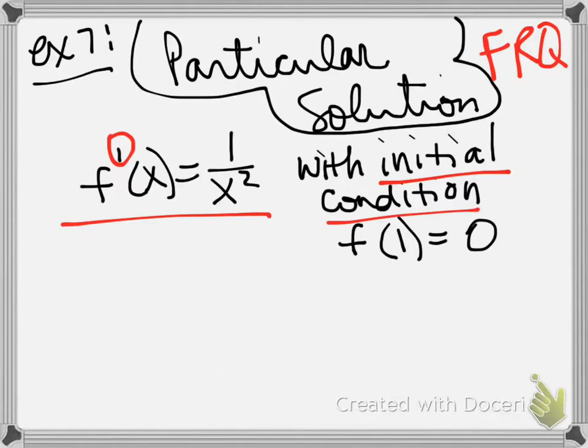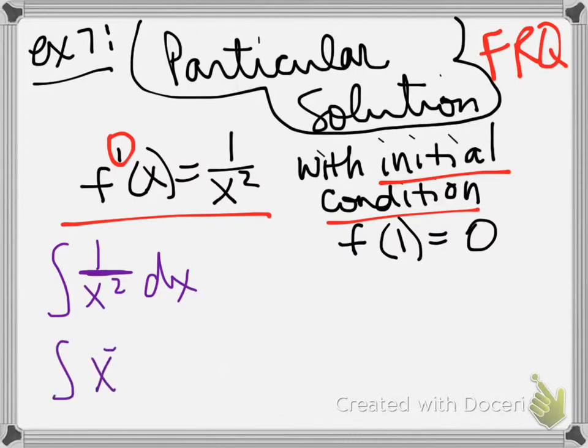To do this, we're just going to start off by integrating our differential equation. 1 over x squared is our differential equation, just rewriting it. So the integral of 1 over x squared is the same thing as the integral of x to the negative 2.